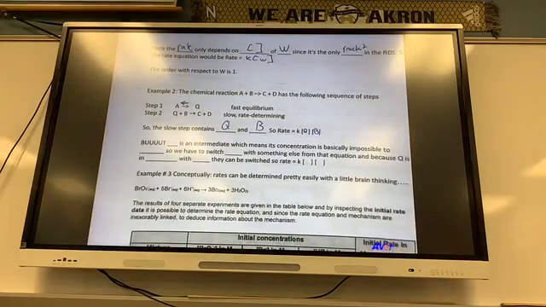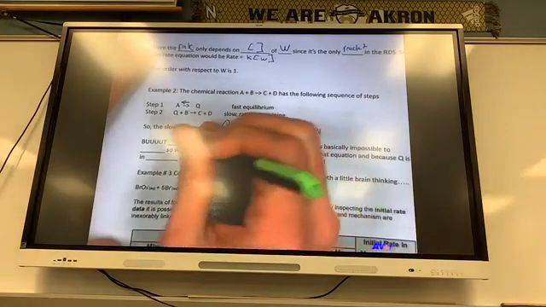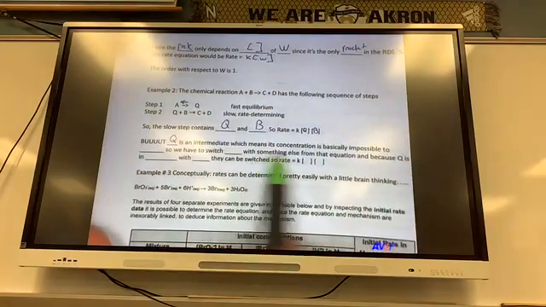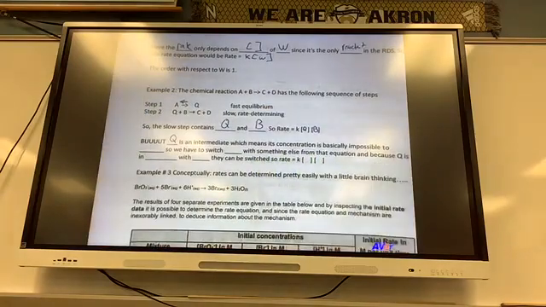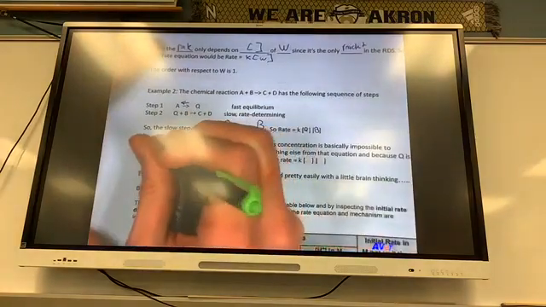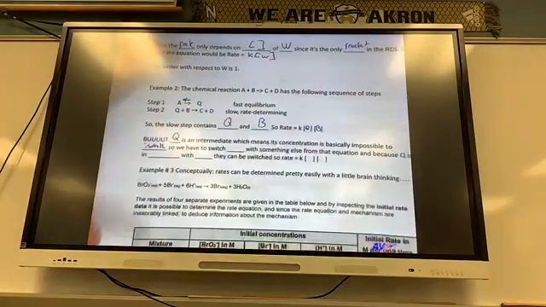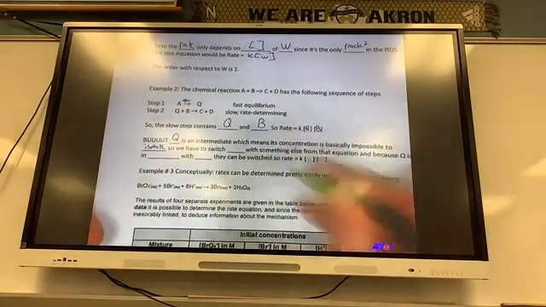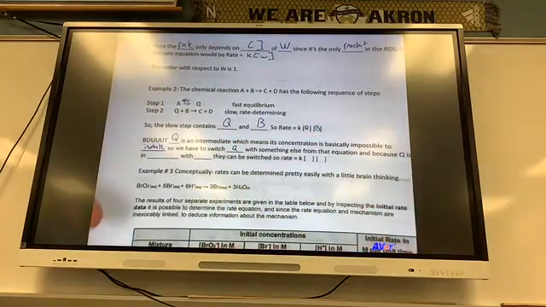But oh no. What's an intermediate, Aubrey? Q is an intermediate, which means its concentration is basically impossible to calculate or isolate. So we have to switch Q with something else from that equation.